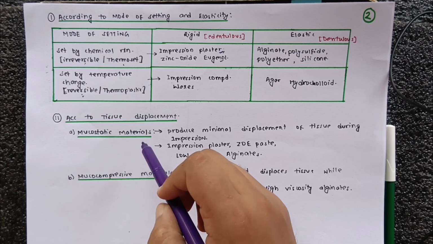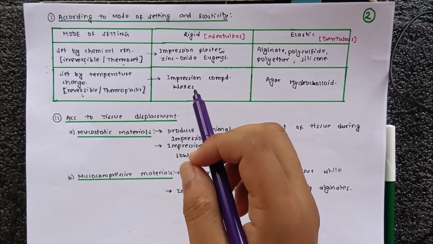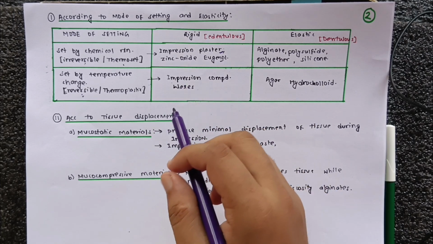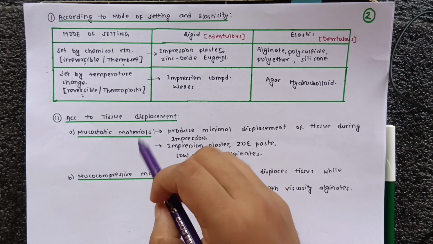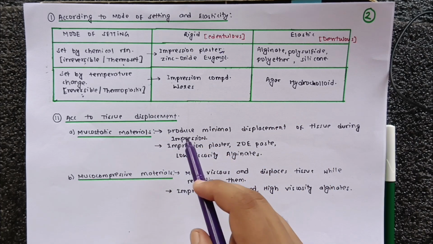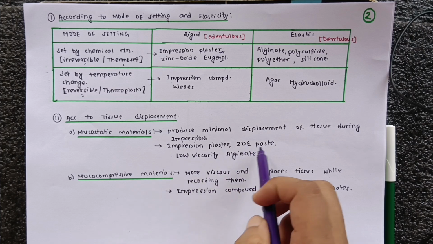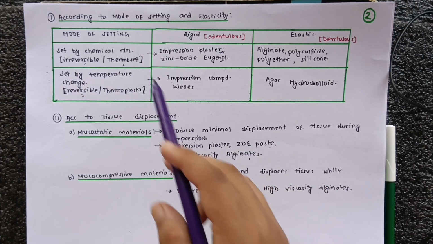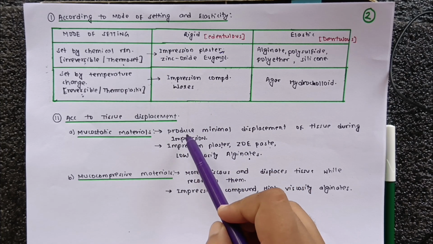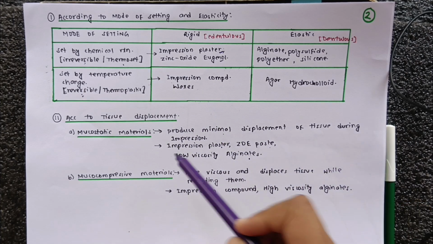The substances that follow the mucostatic theory or the mucocompressive theory come under those sections. In the mucostatic materials we have impression plaster, zinc oxide eugenol paste and low viscosity alginate. It is similar to the chemical reaction section here, and it produces minimal displacement of the tissue during the impression.